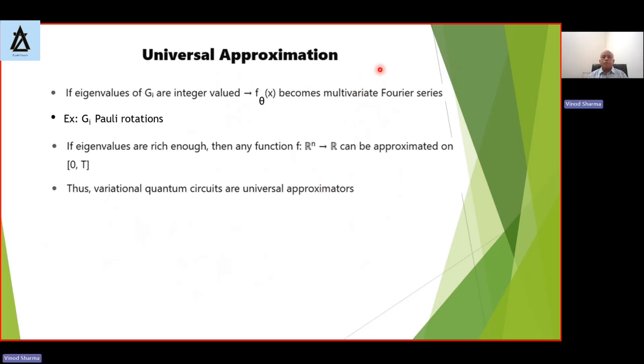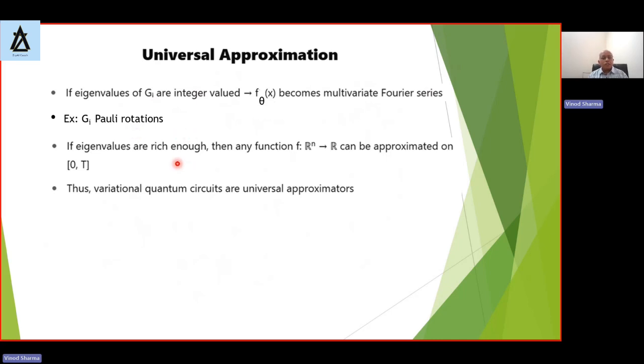This kind of method using variational circuits can be very general. For example, consider the eigenvalues of Gi, the Gi that we have discussed, where S(x) has been given in terms of exponential of minus i Gi x. If the eigenvalues of the Gi's are integer valued, then the corresponding f(theta, x) becomes a multivariate Fourier series. An example of Gi with integer eigenvalues is the Pauli rotations x, y, z that we have already mentioned.